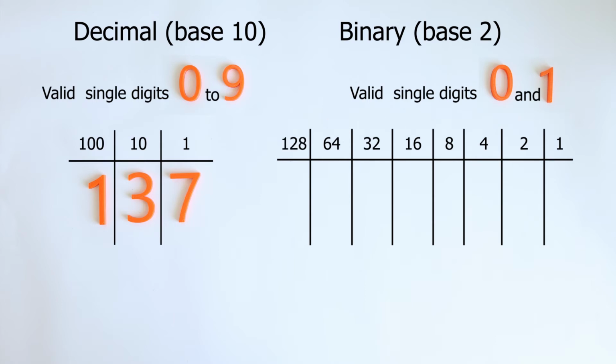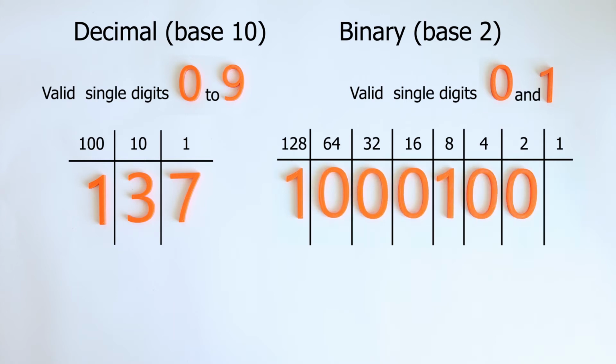So 137 is represented as 10001001 in binary. To see this we can do exactly the same as I did in decimal and work across the columns, multiplying the values above the columns by the digits below and then adding together those results.